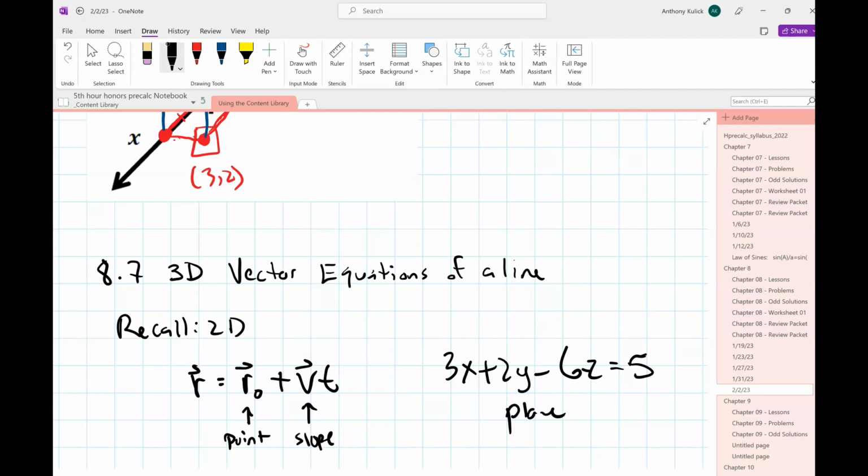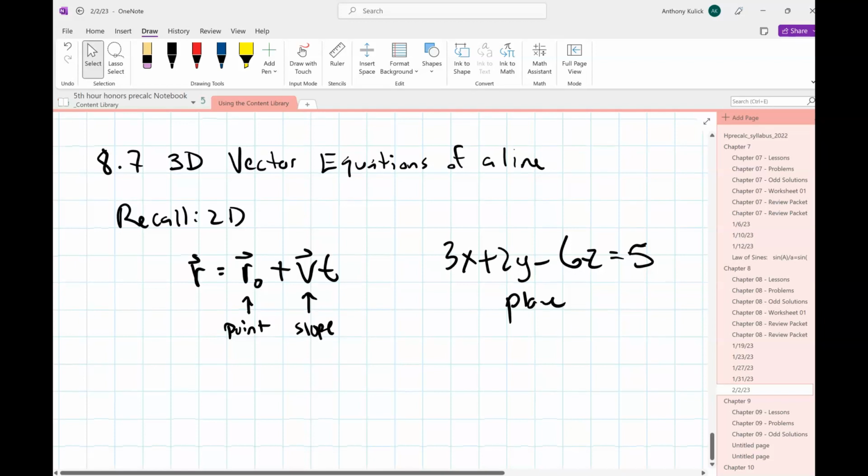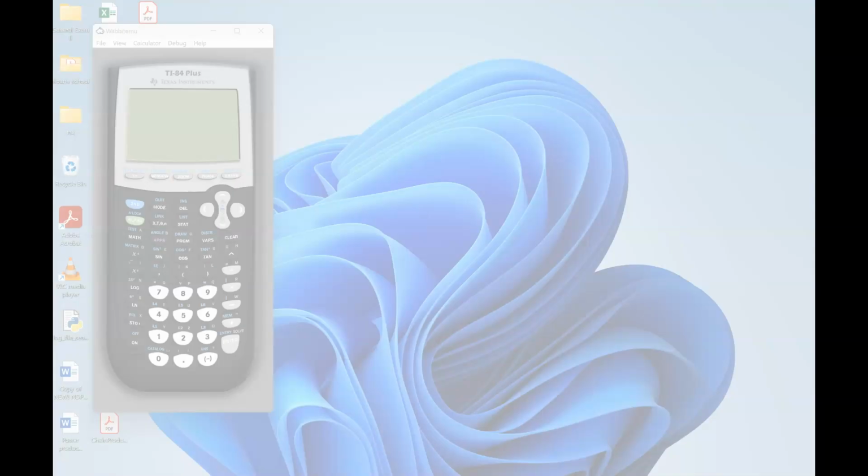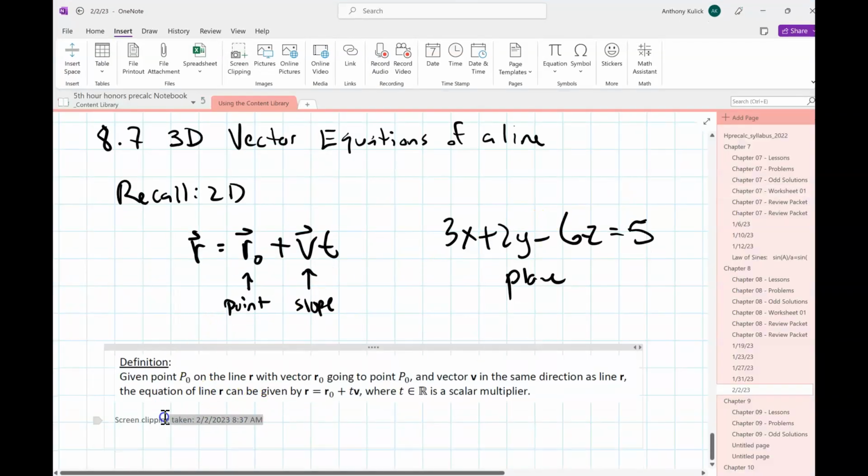So a vector line equation becomes really helpful for us in 3 dimensions and higher, because we can easily represent these concepts with a vector equation in a way that we can't easily do with a Cartesian equation. It's ostensibly the same equation.